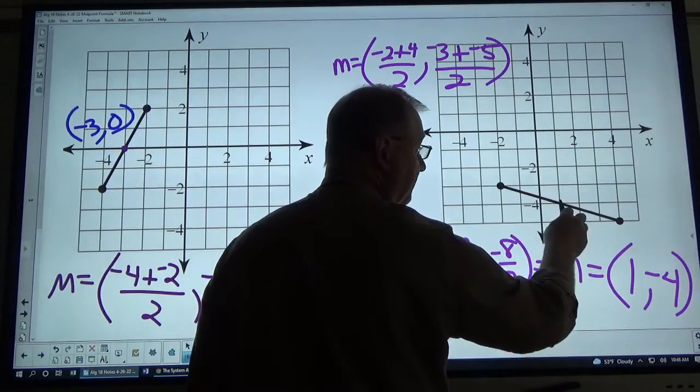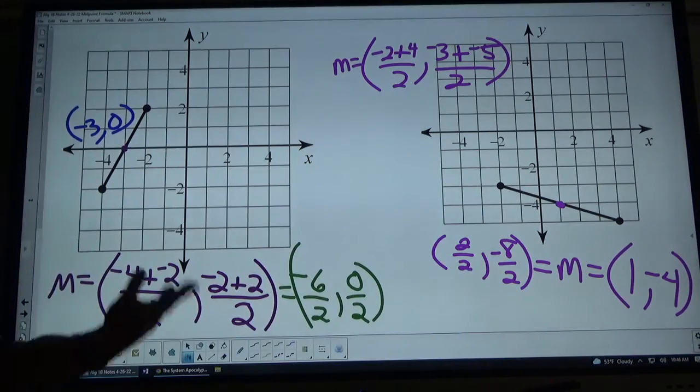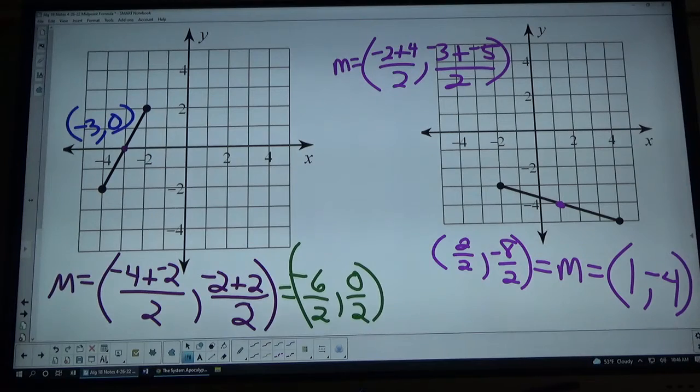Well, 1, negative 4 is right there, and that's probably where you thought it was. So sometimes you can do it visually. Always back yourself up with the calculations, because you could be off.